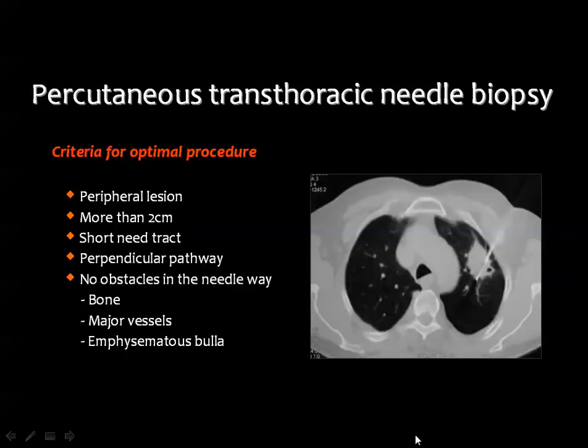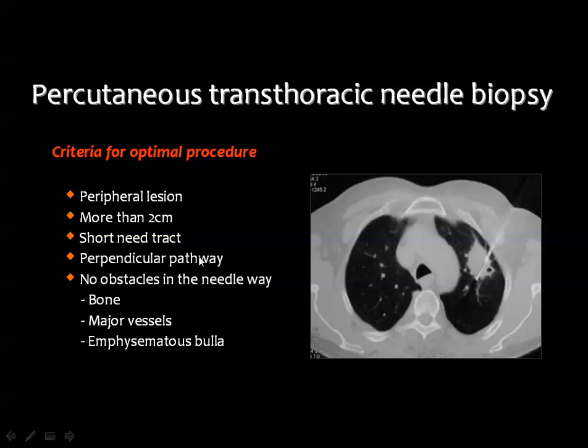Then the criteria of optimal procedure: you have a peripheral lesion which is very close to the chest wall, and the lesion size is more than 2 centimeters in diameter, and you can approach the lesion in a perpendicular pathway, especially from anterior or from posterior. An oblique pathway is not usually easy like the perpendicular pathway.